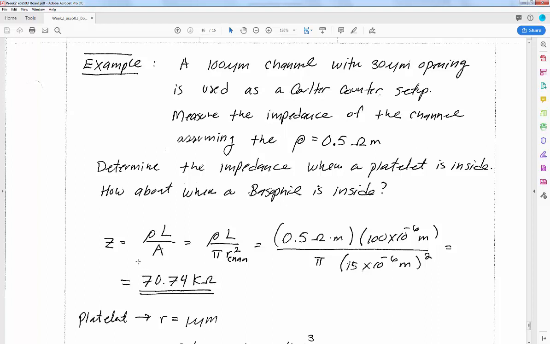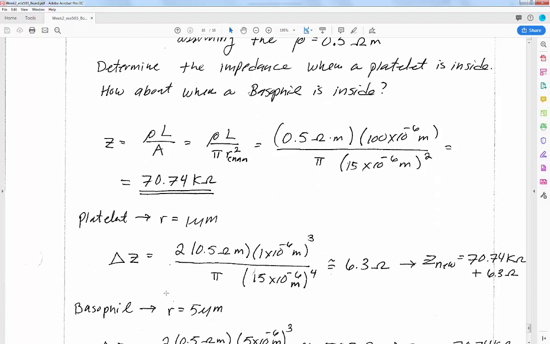Like I mentioned last time in class, here I did round off quite a bit. We're talking about kilo ohms here, so don't round off too much, just to be safe with these kinds of calculations. Now, how much of the 70.74 kilo ohms of that impedance will change when I put a platelet into that channel?